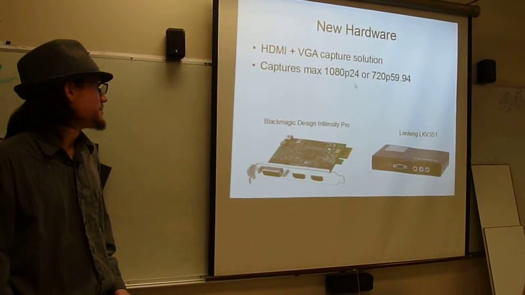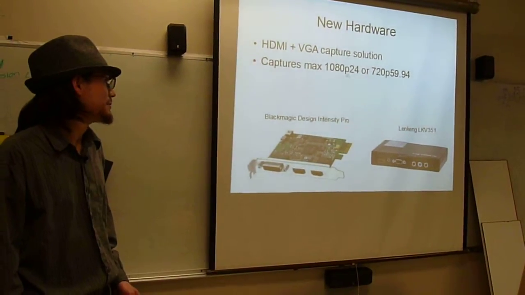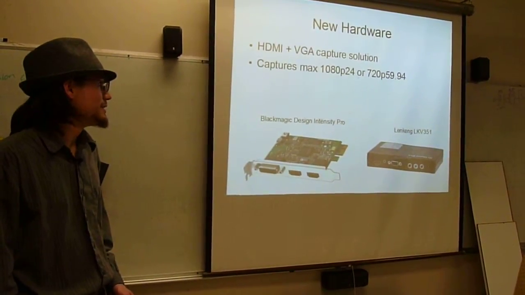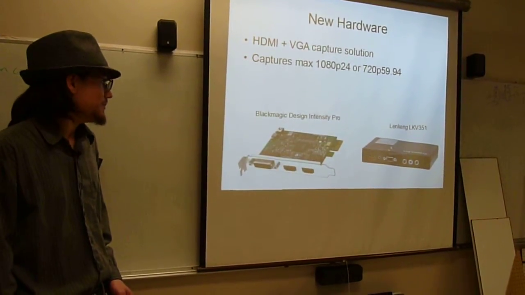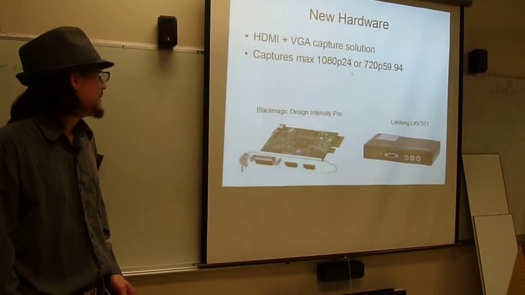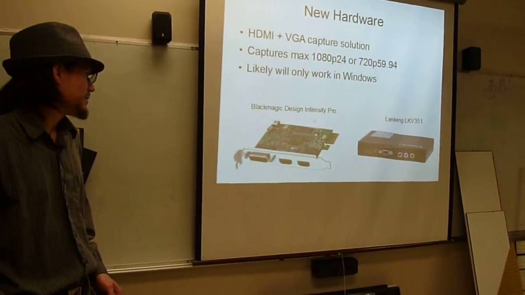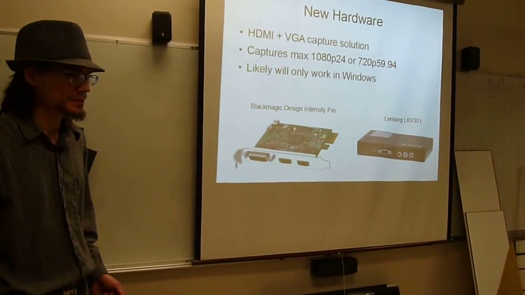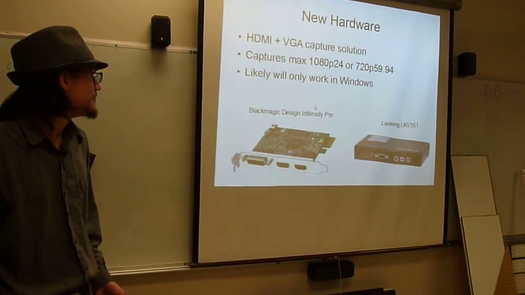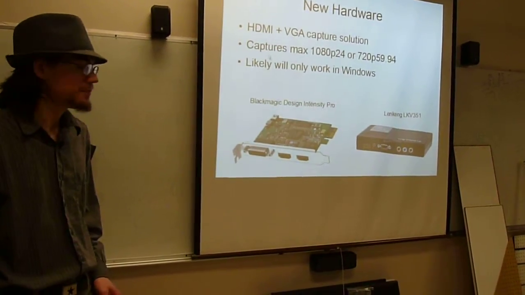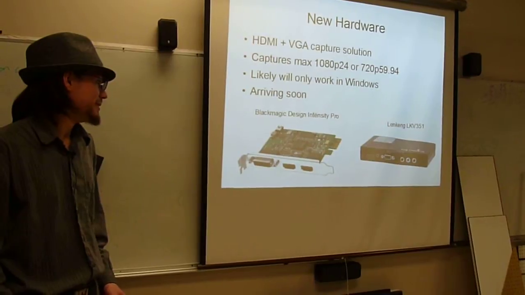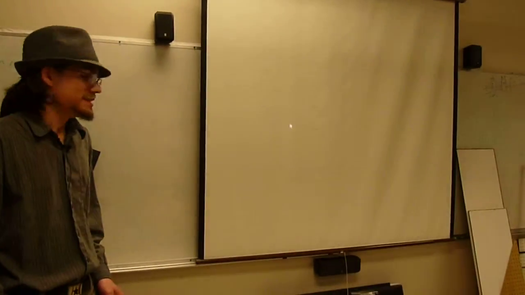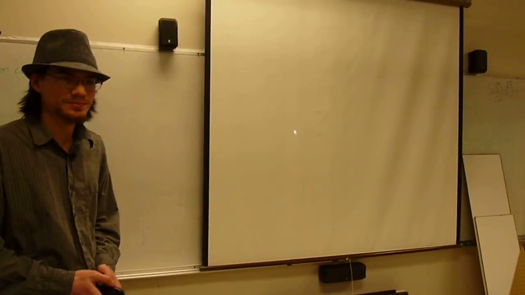It captures max 1080p at 24 frames per second, or 720p at 60 frames per second. And this capture card will likely only work in Windows, which is alright because we have our development environment working on Windows now. And this is arriving soon. This one, we got in. And that's it. Any questions?